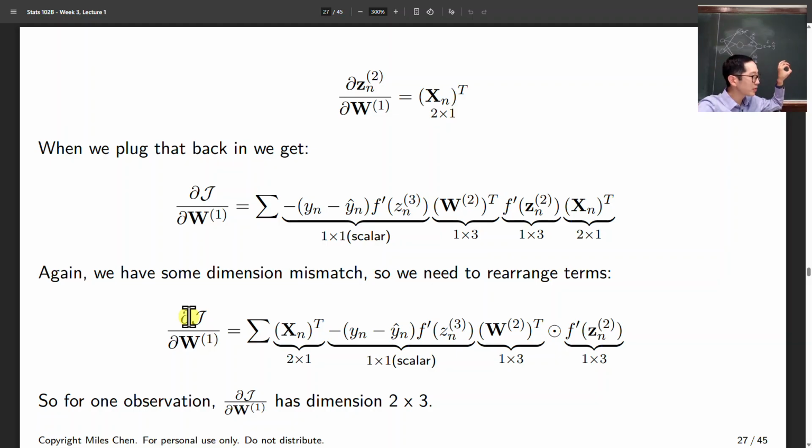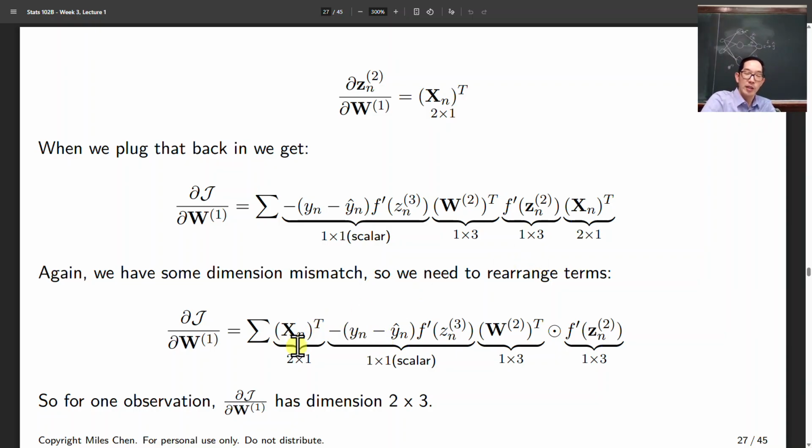It's going to be the partial derivative with respect to that top left element in W. If you look at all the individual values that get multiplied together, we can show that it's going to be the first value in X, the first value in W2, and Zn3. For the second row, it'll be the second value in X times that. And for the bottom right corner, second row, third column, it'll be the second value in X and the third column over here that gives the relationship.